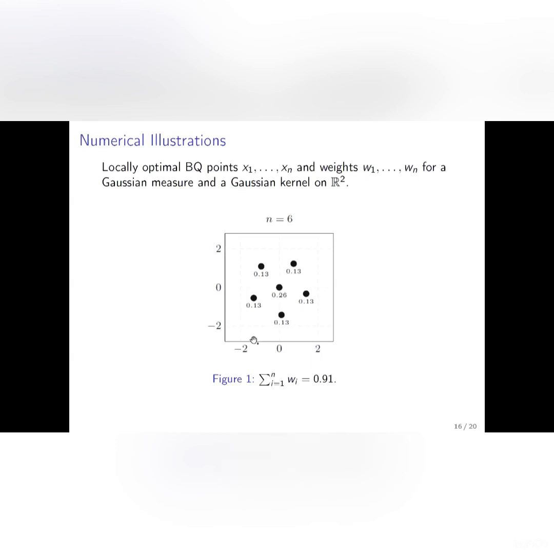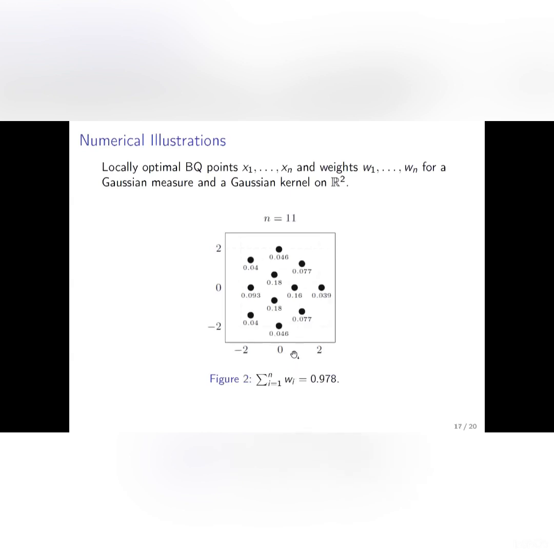You can see that the points are nicely placed, and the center here has the largest weight. This is kind of reasonable. The sum of the weights is 0.91, which is close to 1. There is a reason you can expect the sum of the weights to be close to 1: you can consider this an estimate of the constant 1, that is, your integrand is the constant function 1.